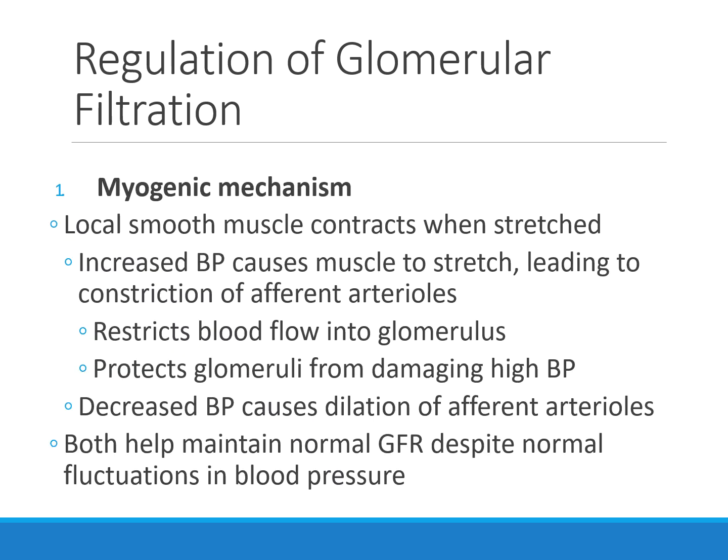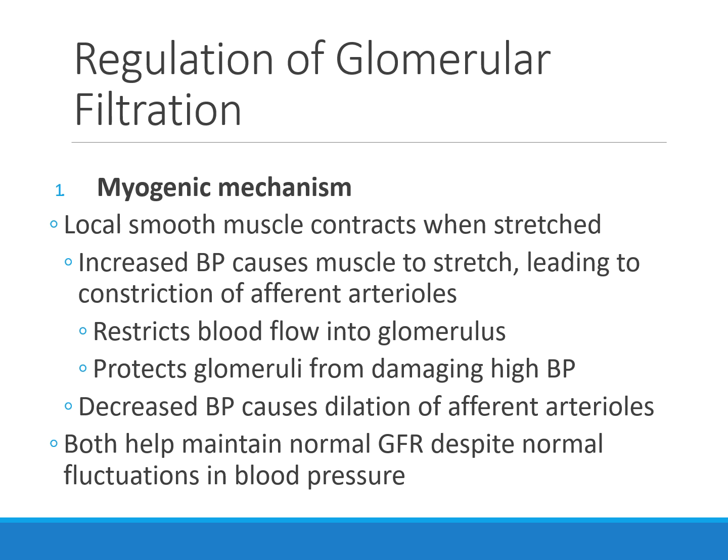The myogenic mechanism is the local smooth muscle that contracts when it's stretched. So if you have an increase in your blood pressure, that causes the muscle in the wall of the vessel to stretch, which leads to a constriction of the afferent arterioles, which is going to restrict the blood flow into the glomerulus and protect the glomeruli from damaging high blood pressure. This is how people with high blood pressure lose their kidney function, when it goes unchecked.